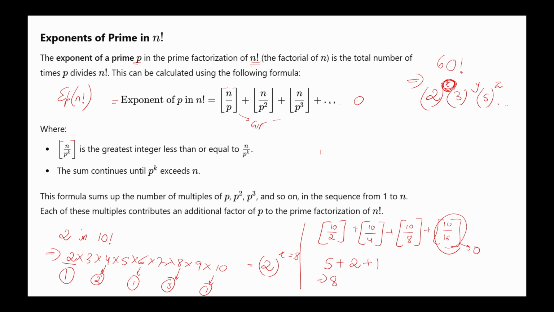What does that mean? This means that n is less than p to the power k plus 1 and greater than p to the power k. Why is that? Because up till k is what we are trying to find out, since k is my exponent. At the next value my greatest integer function comes out to be 0. That is why we've written it in this format.